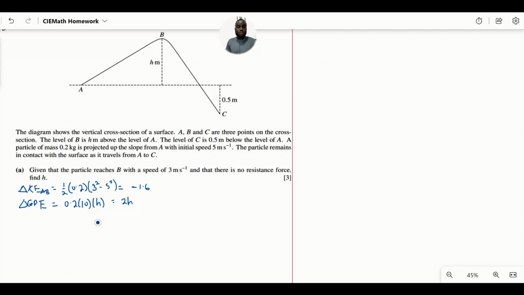Since there are no external forces, there's no resistance to the motion of the particle from A to B, we can use the conservation of energy principle, which states that... so the value of h is 0.8 meters based on the information given to us.